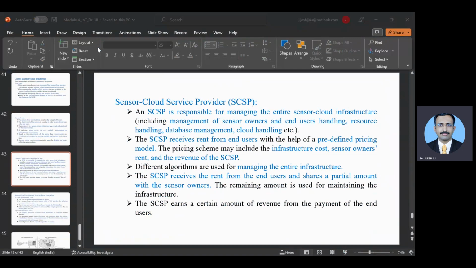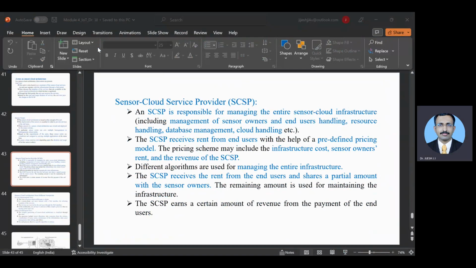They are responsible for managing the entire sensor cloud infrastructure.